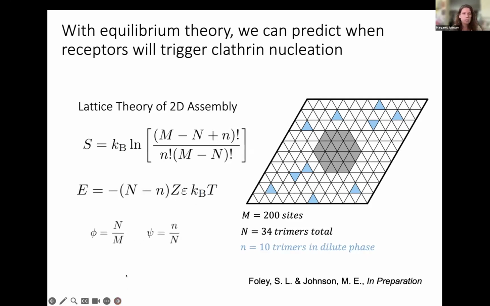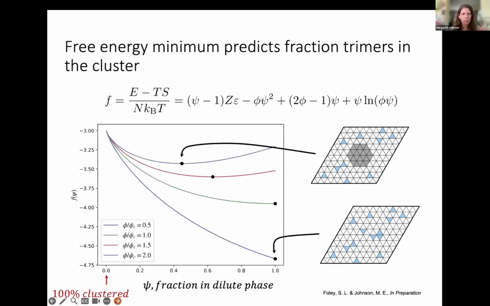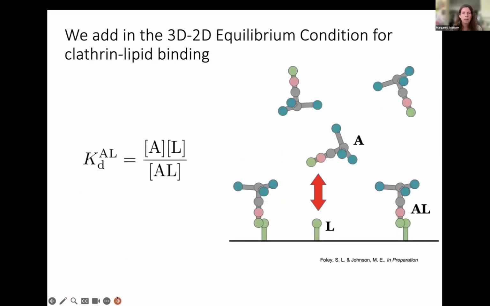We can use these dimensionless factors, the fraction of sites and the fraction of dilute monomers, and measure a free energy. And the key point here is that depending on how densely you've populated these things on the membrane, you will actually find the free energy minima has a cluster in it, has a clathrin nucleation, versus here it's too dilute. And then we add in binding to the membrane using this equilibrium expression.